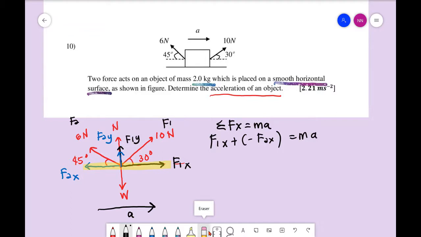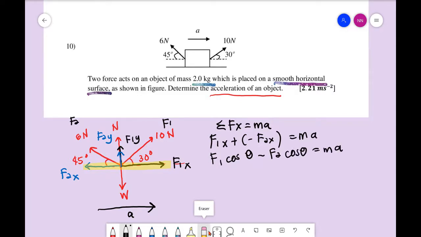F1x, we have to relate with F1 and the angle 30 degrees. So it is F1 cos theta, and then F2x is F2 cos theta, equals MA.